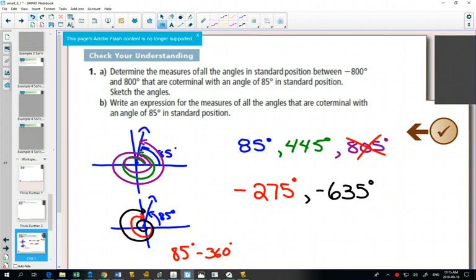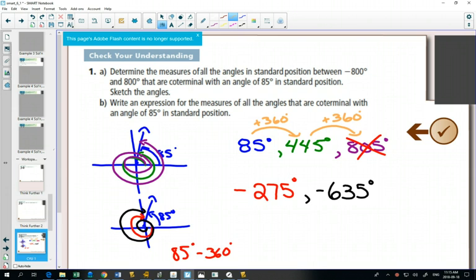So a pattern to notice is that we can start with our 85 degrees and add 360 and keep adding 360, and every time you add 360 you run into another coterminal angle.